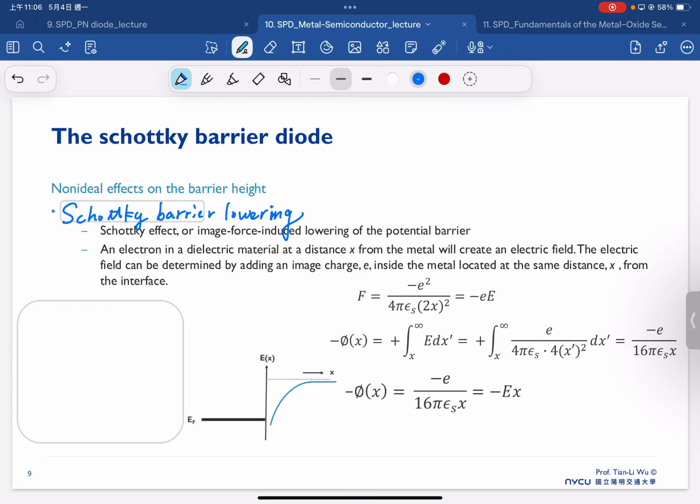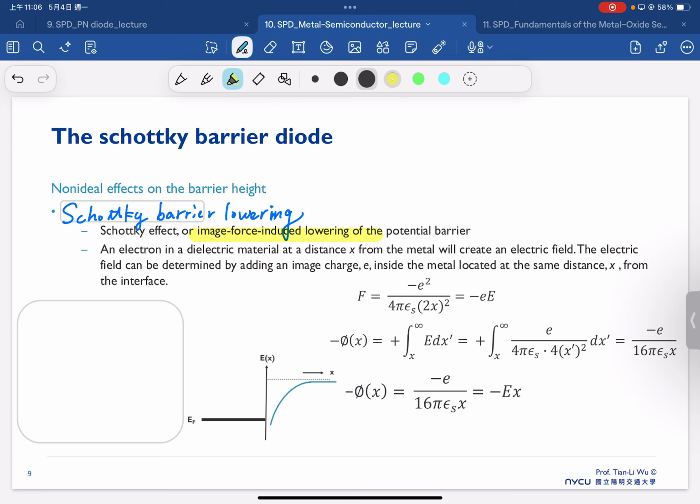Sometimes we call it the Schottky effect, or the image force induced lowering of the Schottky potential barrier.